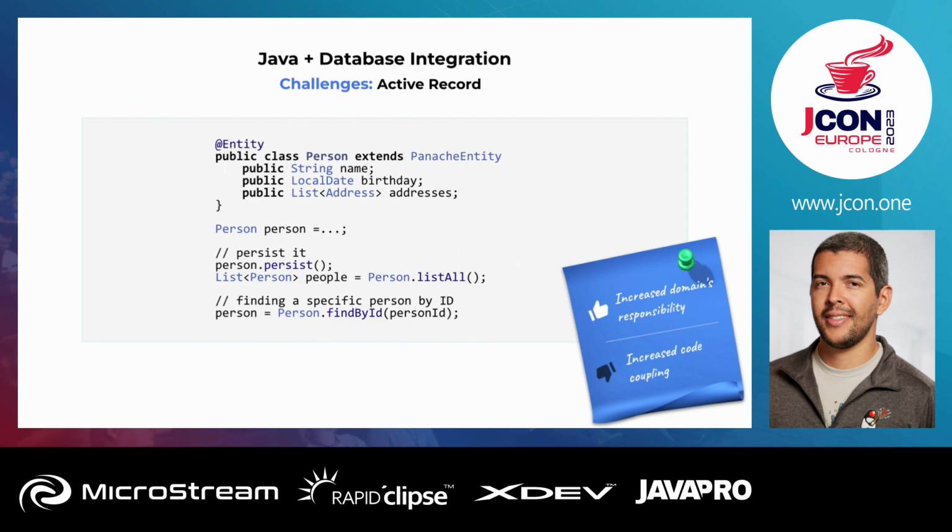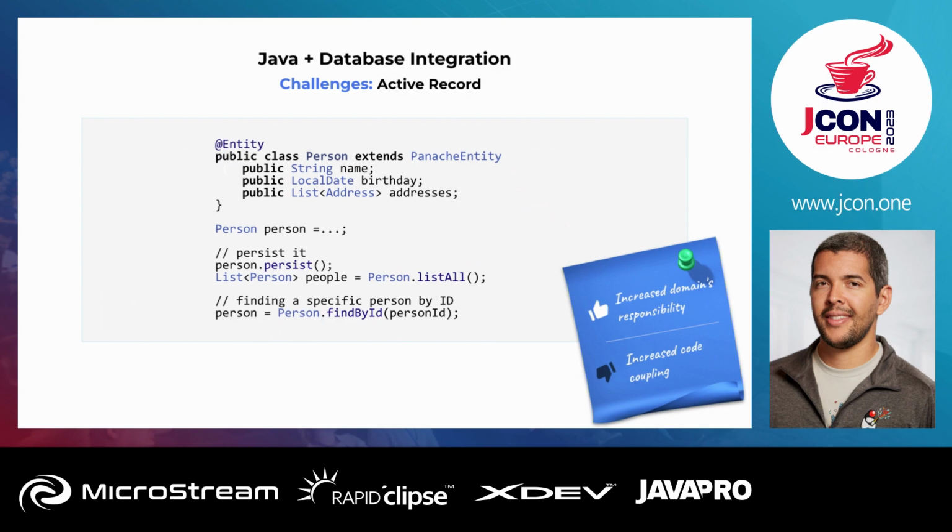For example, the active record became super famous with Ruby on Rails. And right now, because of Quarkus, we can see a lot of that. So basically, the idea is I have my class, I extend some class that has several database operations like this, and then my class is able to do these operations.